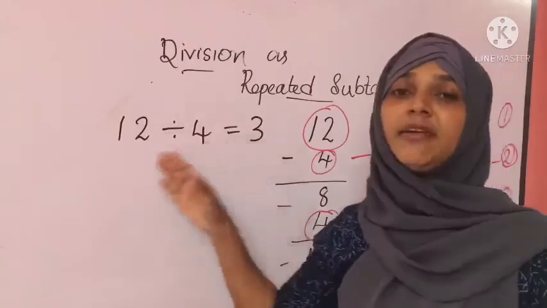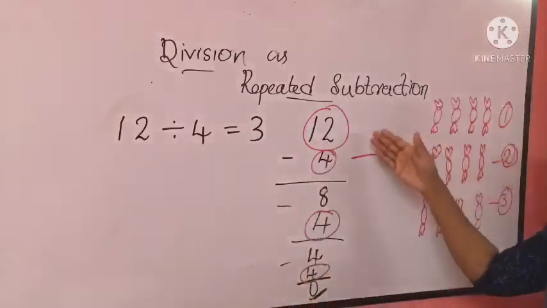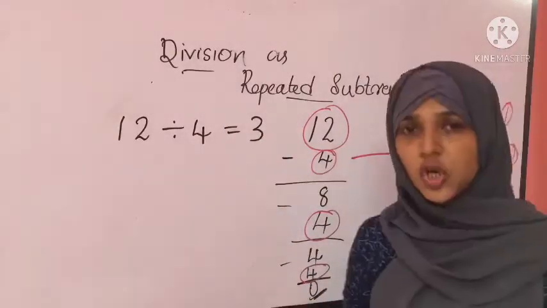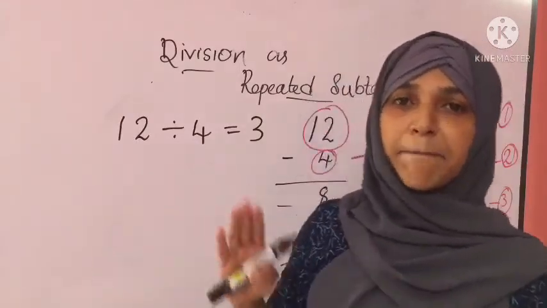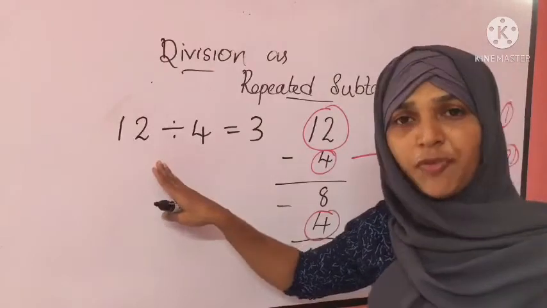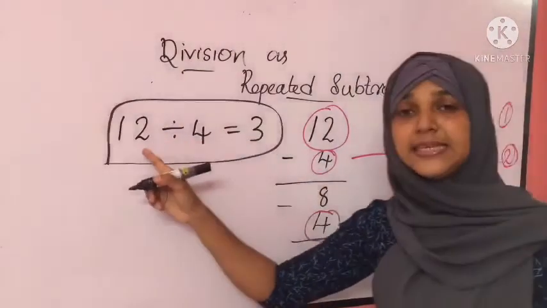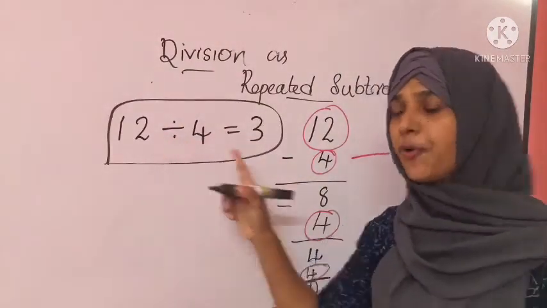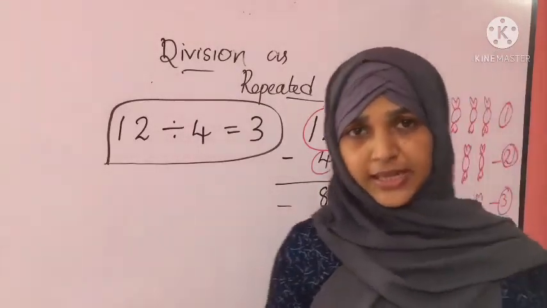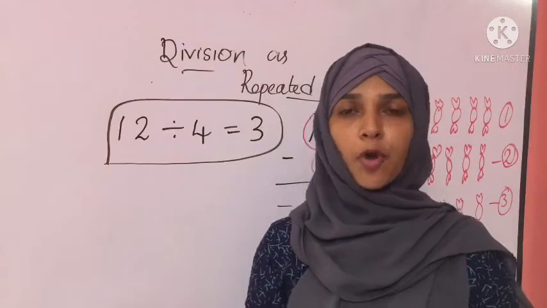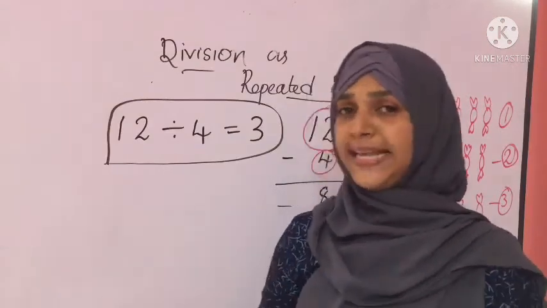This is the division format of this repeated subtraction. So, repeated subtraction can be represented in division format. Is it clear, students? Let's do one more problem to make it more clear.